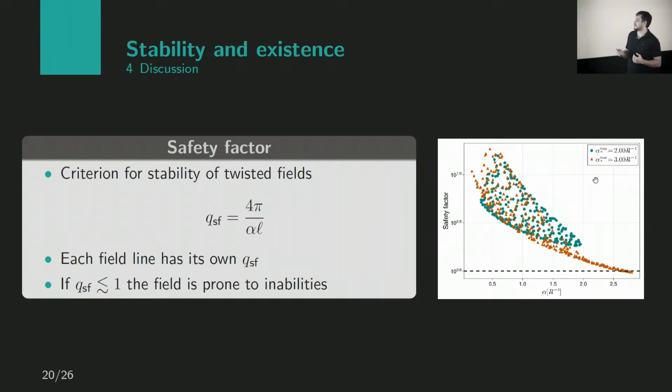But models that we qualified as unstable or violating the force-free, actually unstable, have some small bundle of the field lines violating this safety factor criterion, approaching 1, which means that it's expected that stable force-free solutions of magnetar magnetospheres will occur roughly for the values of alpha that we have found in this work.